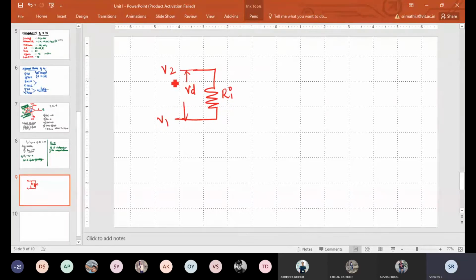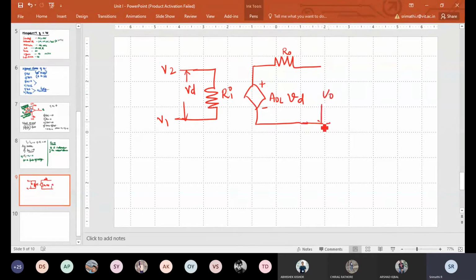And then I have a dependent source, AOL into Vd, a dependent voltage source, and I have a resistance called R0, and this is my output voltage, where V0 is nothing but AOL into Vd.